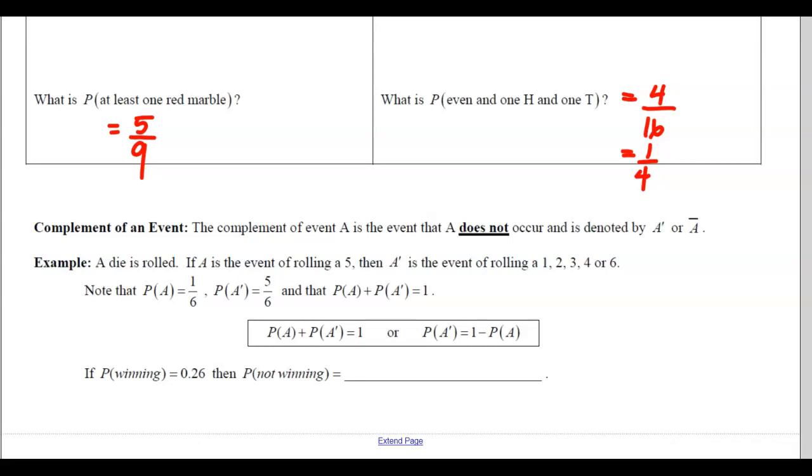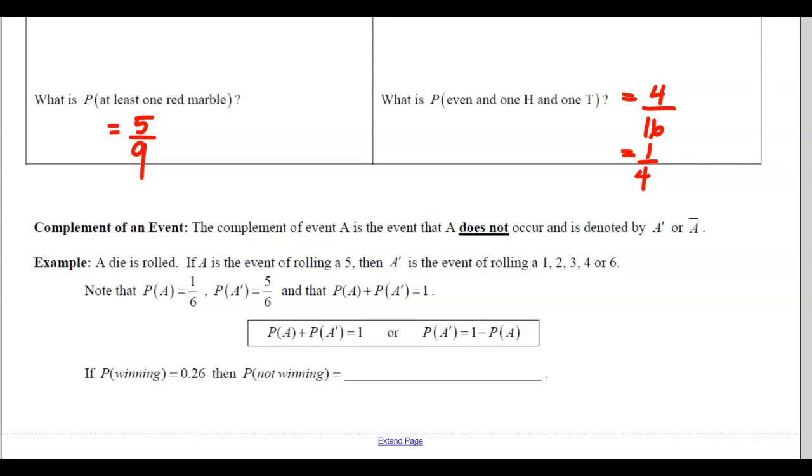Usually it's that prime symbol. So for example, a die is rolled. If A is the event of rolling a 5, then A prime is the event of rolling a 1, 2, 3, 4, or 6, everything in the sample space that is not 5.